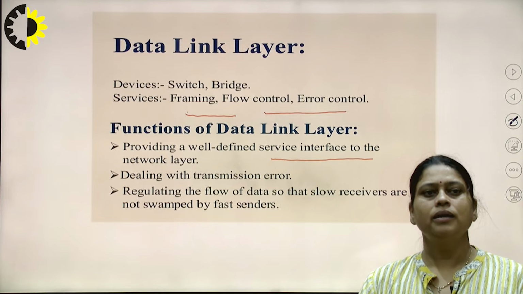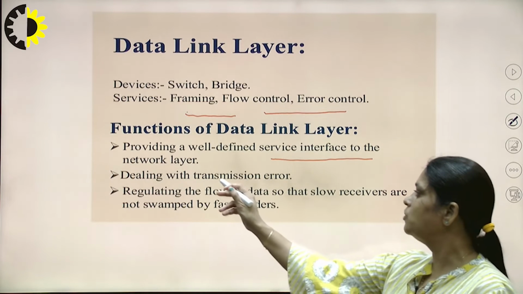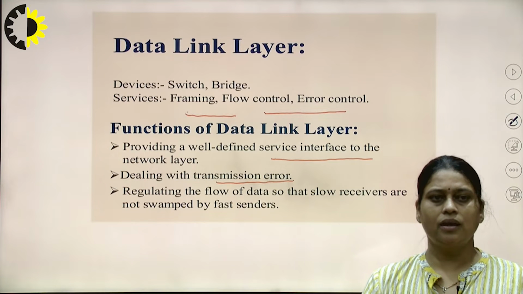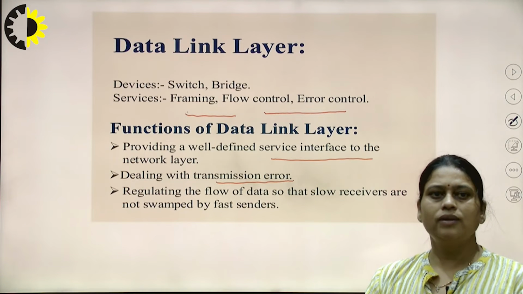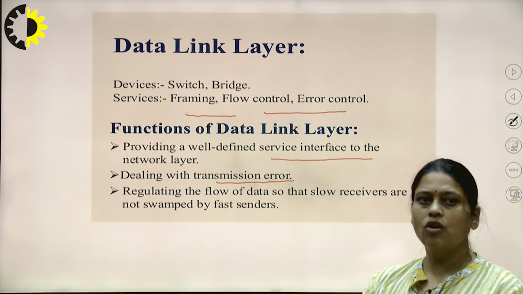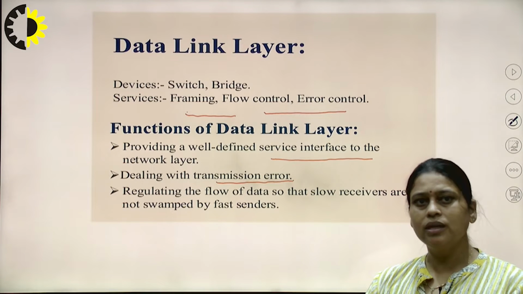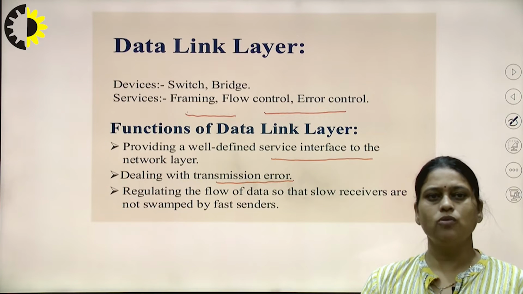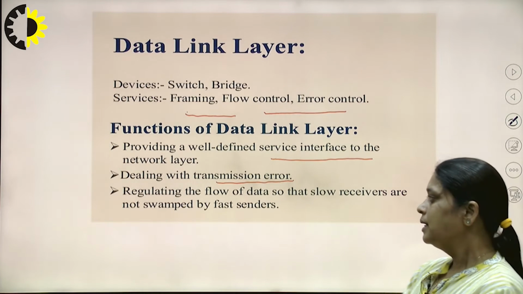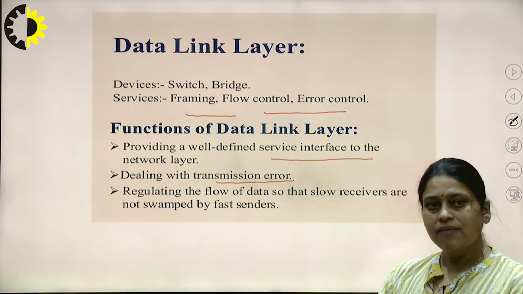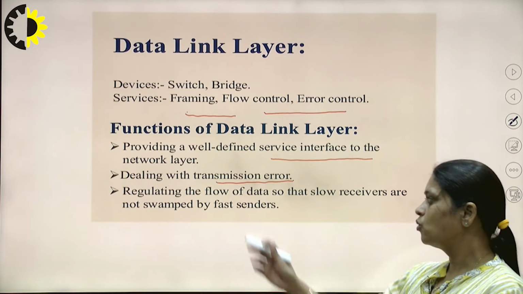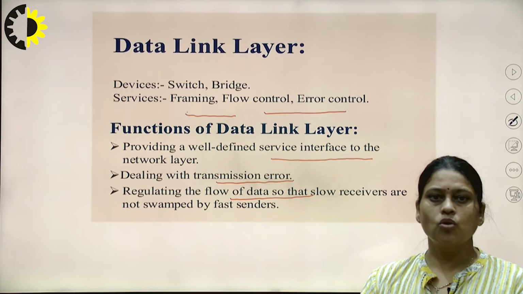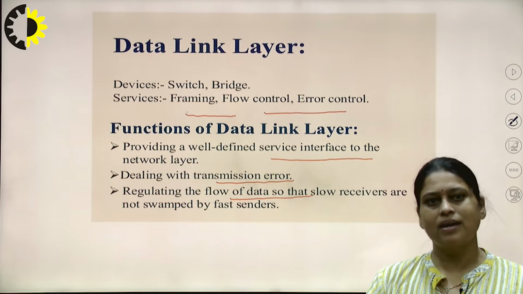Second, it also deals with transmission errors. If there is any error in the channel, it provides us the facility to find the error in the network, and it will also reduce that error. Next, it provides the facility of flow control. It regulates the flow of data so that slow receivers are not swamped by fast senders.